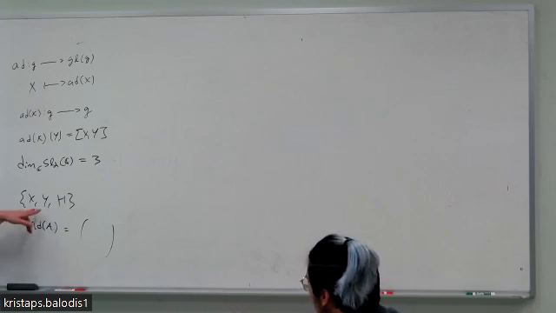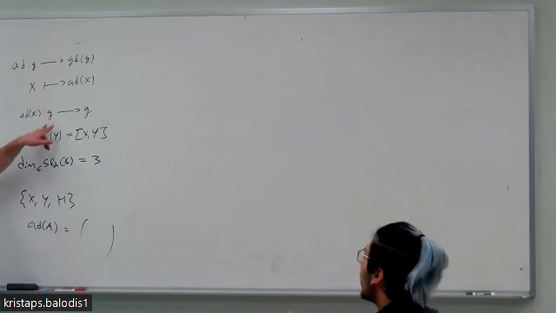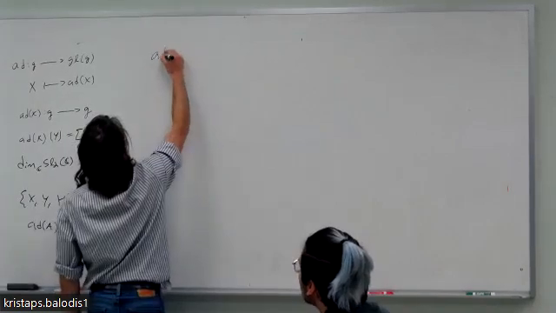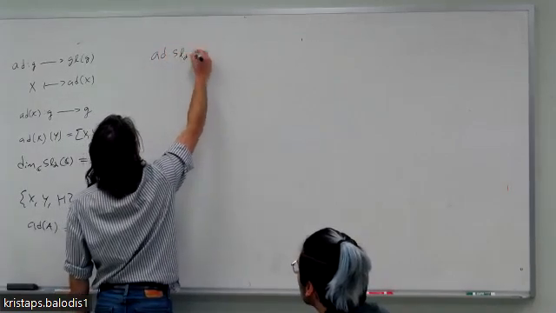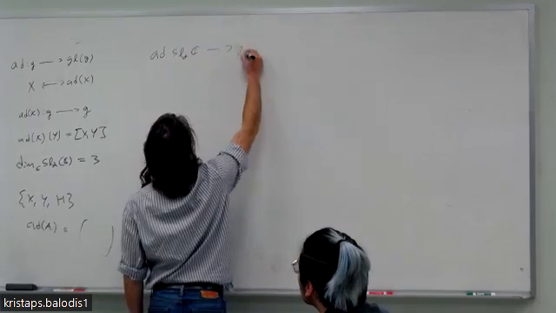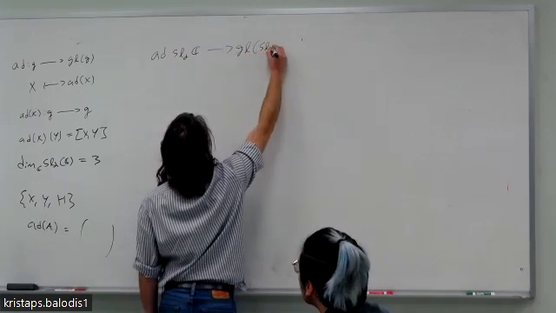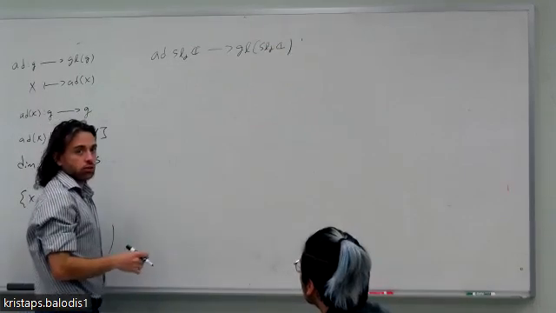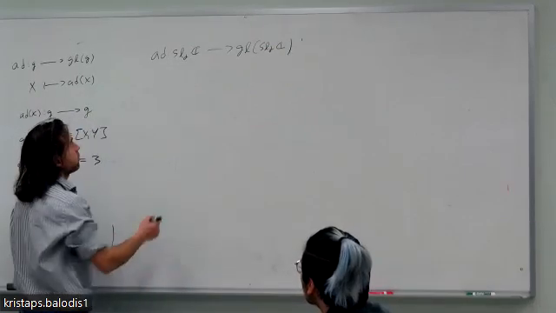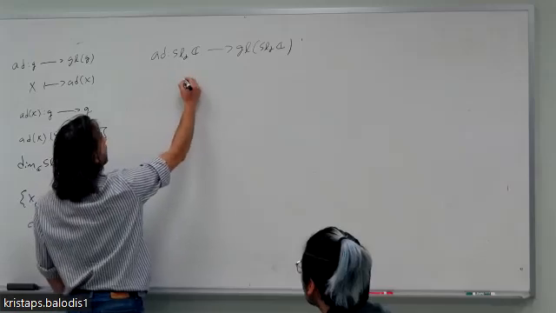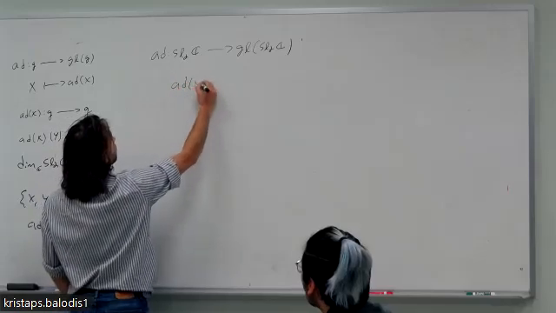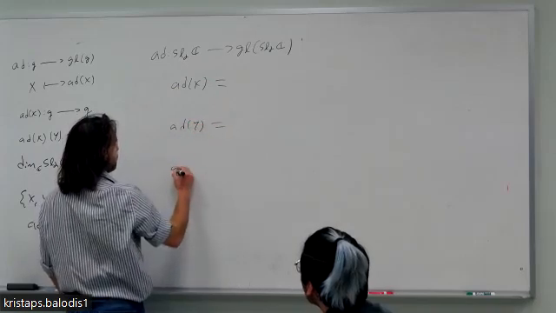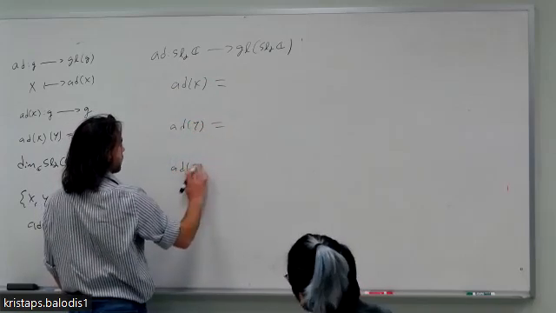If we're trying to understand ad from SL2C to GL of SL2C, then all I need to do to get a grip on this representation is to tell you exactly where ad sends x, y, and h.